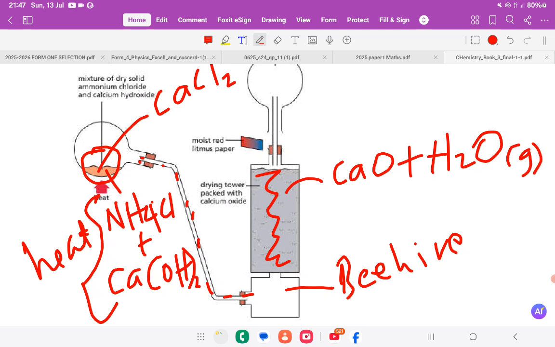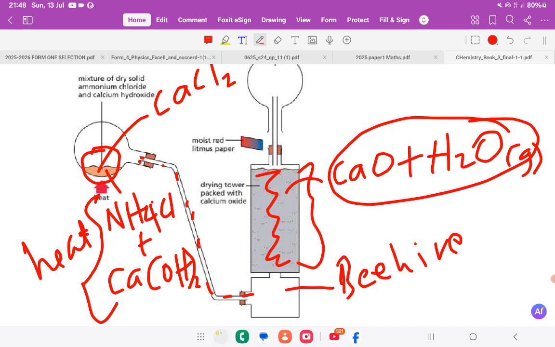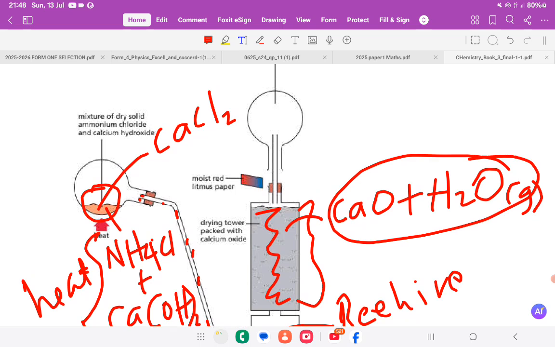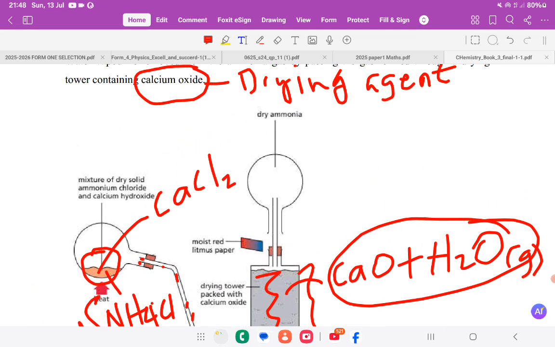All right, so it will react. The calcium oxide in this part will react with the water, will combine with the water, such that the ammonia gas, which is dry without water, will rise up into this chamber here.